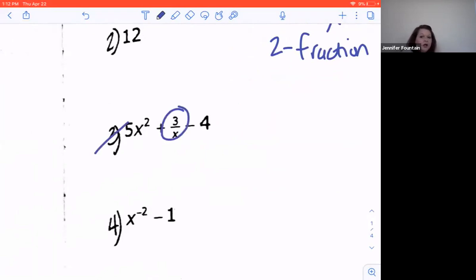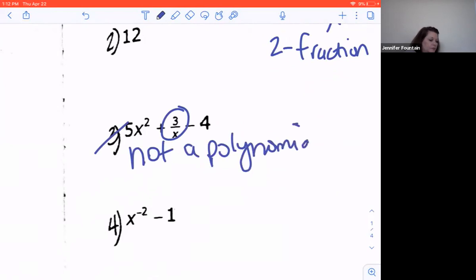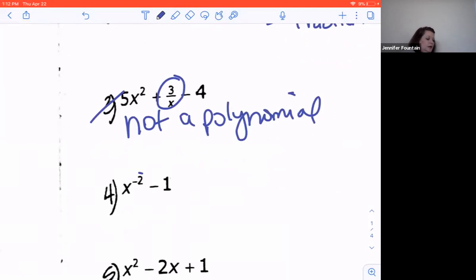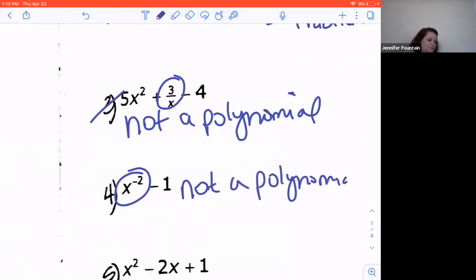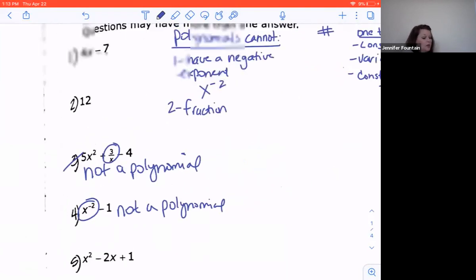I know that that is not a polynomial. Look at number 4. Not a polynomial because it has a negative exponent. Okay, so I can immediately pick up the things that are not a polynomial.